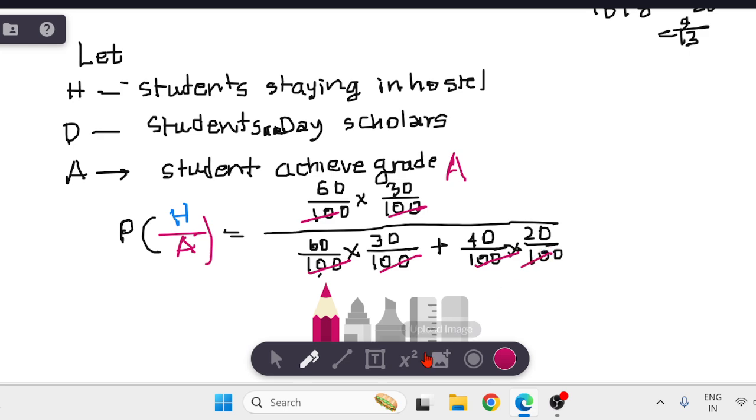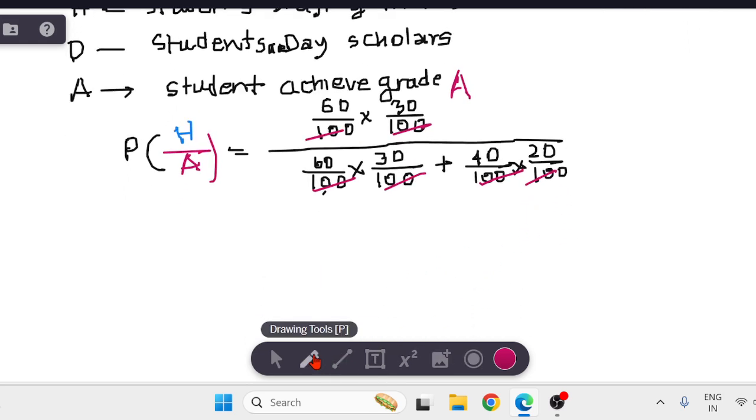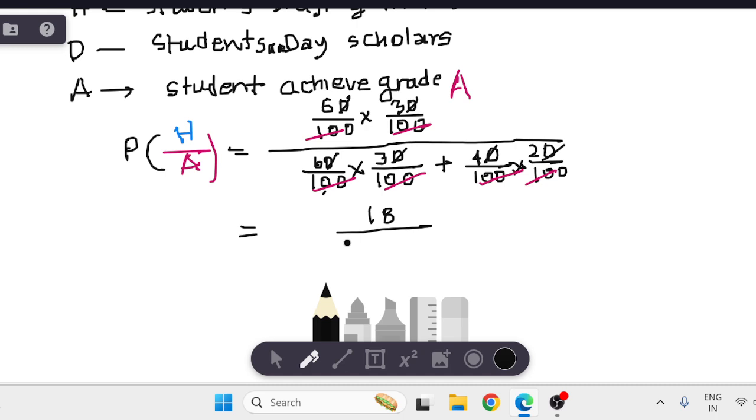Yeah. So in fact, this 0 also will get cancelled. So it is 18. So 18 divided by 18 plus 8. So 18 divided by 26. It comes out to be 9 divided by 13. That's it.